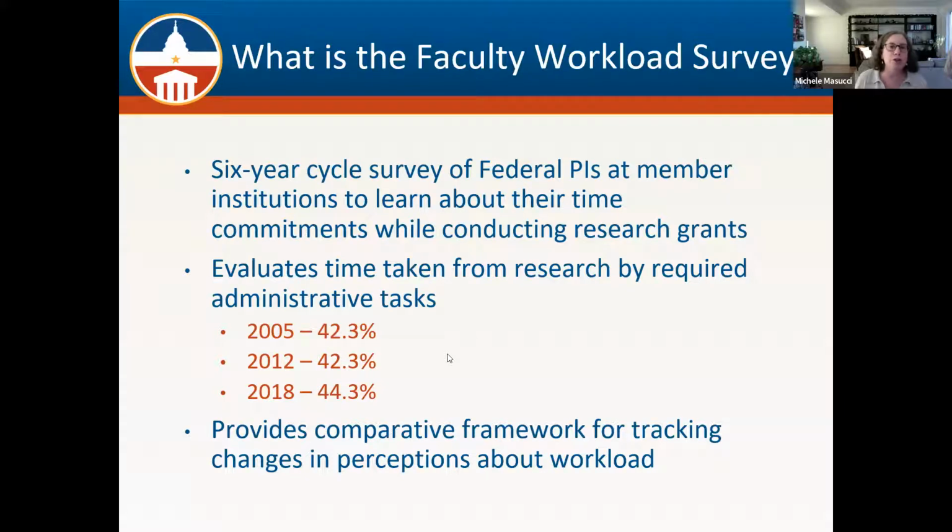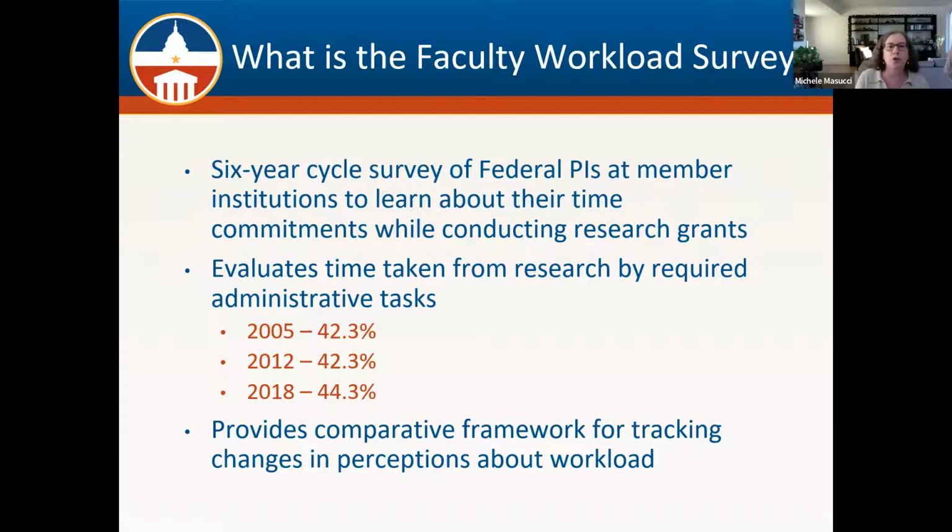The way that we have implemented this survey is to do it on a rotating basis. So we do it every 6 years. The first survey was implemented in 2005, and the report was written in 2006. The second survey was implemented in 2012, the third in 2018.